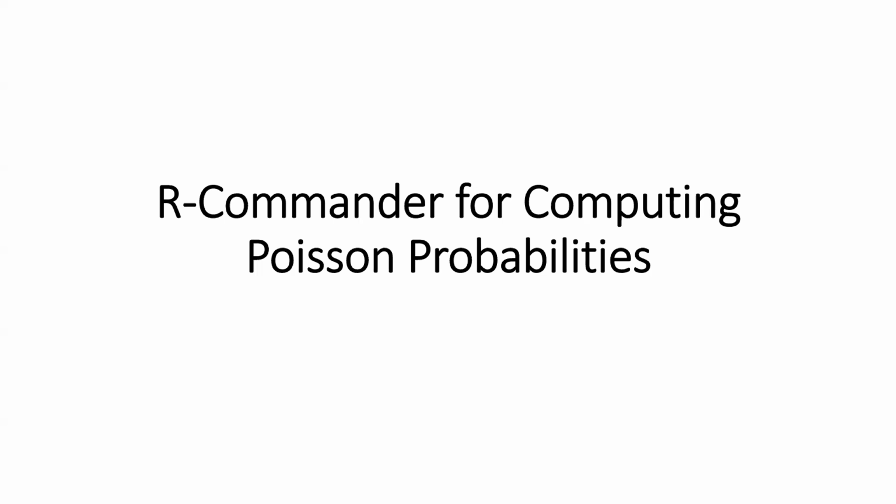In this video, we're going to discuss how to utilize RCommander to compute Poisson probabilities. Now, if you're interested in the mechanisms which are utilized to complete these calculations, or some of the attributes of the distribution or when it's appropriate to apply the methodology, you might want to take a look at the last video in the playlist, which is number 18 in the playlist series, and that will discuss the mechanisms, the attributes, and how to derive Poisson probabilities within the R programming language.